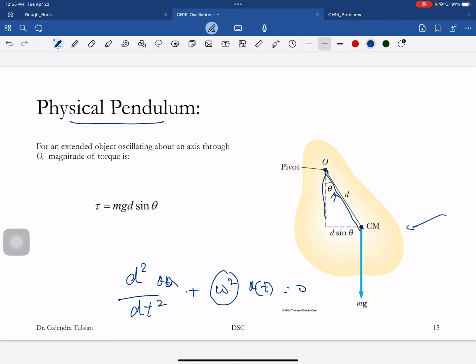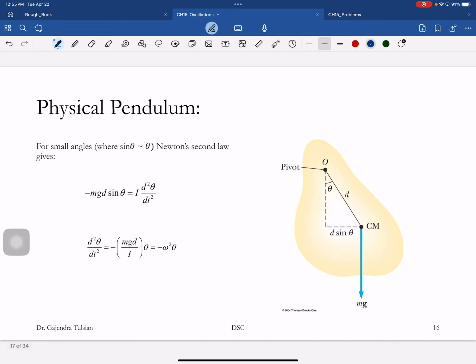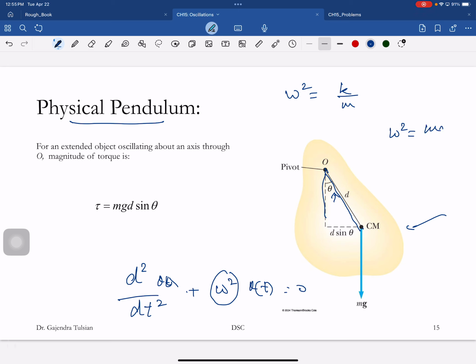For the mass attached to the spring, omega squared was k over m. For this guy, omega squared will be mgd over I. I is the moment of inertia of this object about that axis, mg is the weight of the object, and d is that distance.